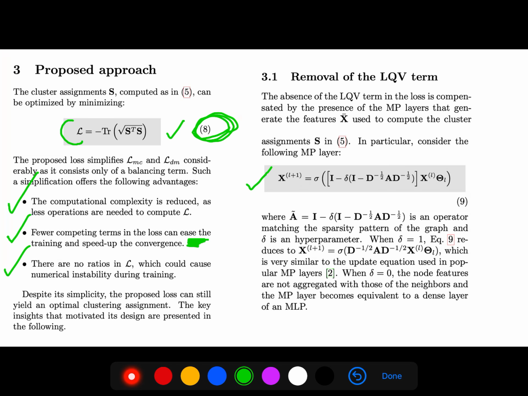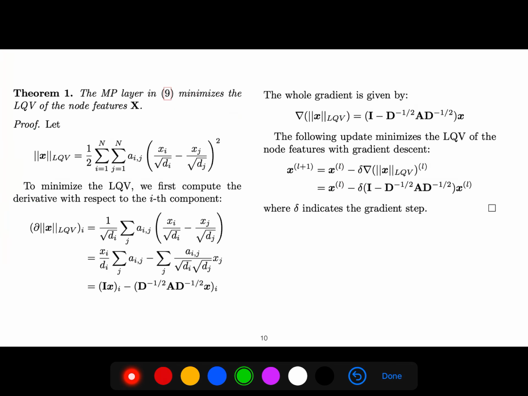Now, this A tilde is an operator matching the sparsity pattern of the graph, and delta is a hyperparameter. When delta is 0, the node features are not aggregated with those of the neighbors, and the message passing layer becomes equivalent to a dense layer. The message passing layer minimizes the local quadratic variation of the node features.